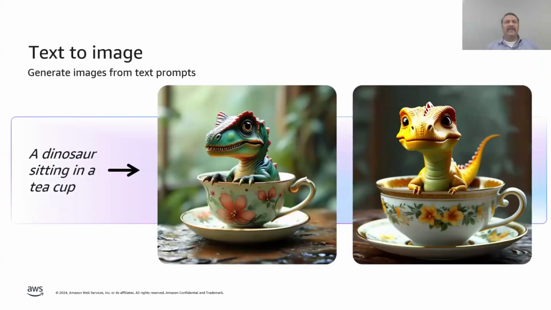Text to image is a feature that generates visual content based on textual descriptions through input prompts. This example showcases two different variations of a prompt: a dinosaur sitting in a teacup. If you look at these two images, they both maintain consistent lighting, perspective, and also the detail as mentioned in the given prompt. So customers can quickly generate these images and show the visual representation of their ideas.